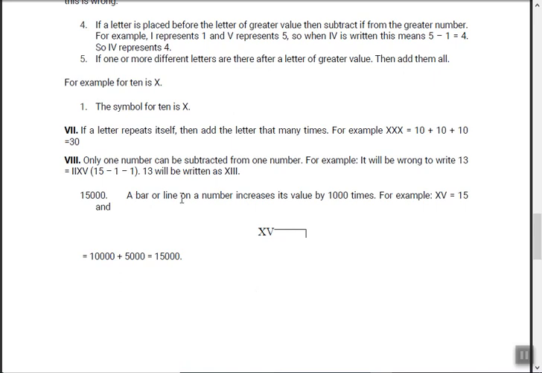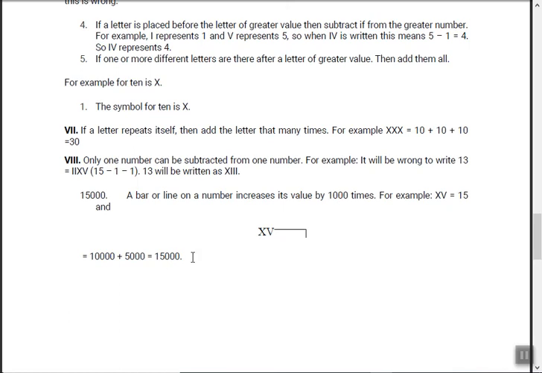Next, a bar or a line on a number increases its value by 1000 times. Means what? See this. XV is equal to 15, 10 and 5, 15. But XV with a bar, this bar should be above XV, okay? So what does it mean? It means a 1000 times increase.